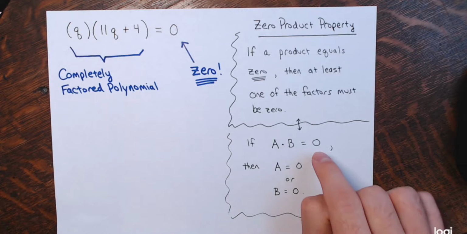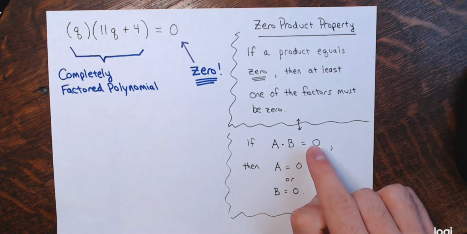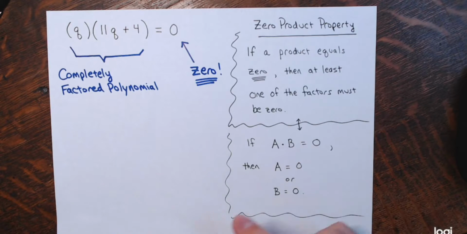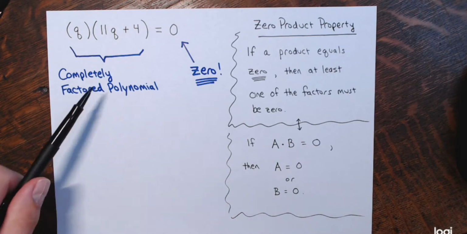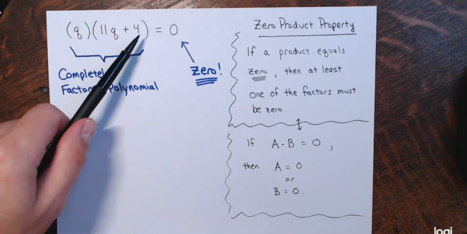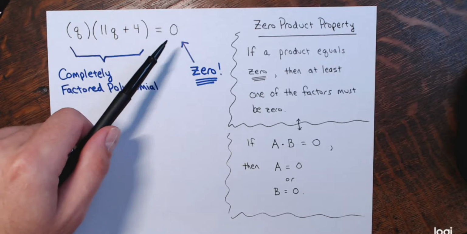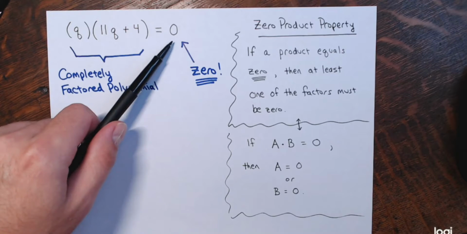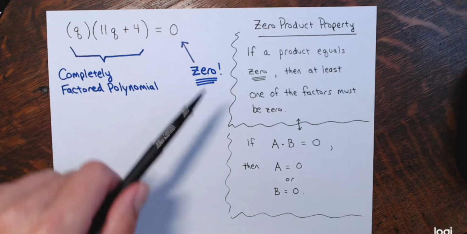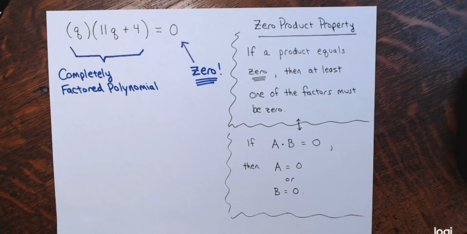So like I said, this is exactly how we want to write every single polynomial equation we're working with in this assignment. I want to eventually get down to a point where I have a completely factored polynomial on one side, a product of multiple factors, equals 0. It's got to be 0, because if a product equaled 10, that doesn't mean one of the factors has to be 10.